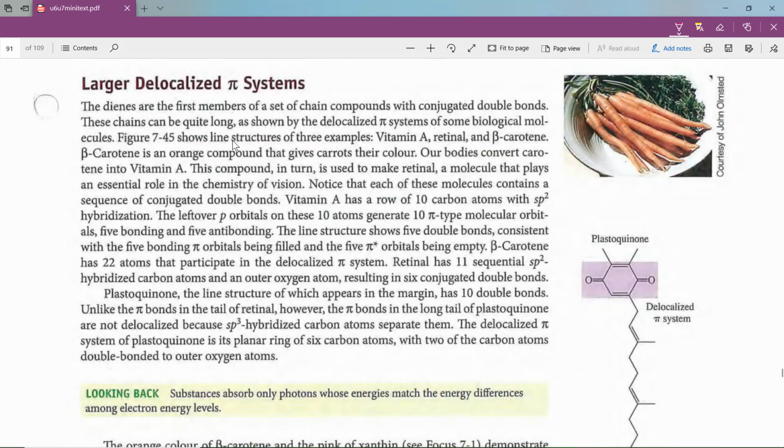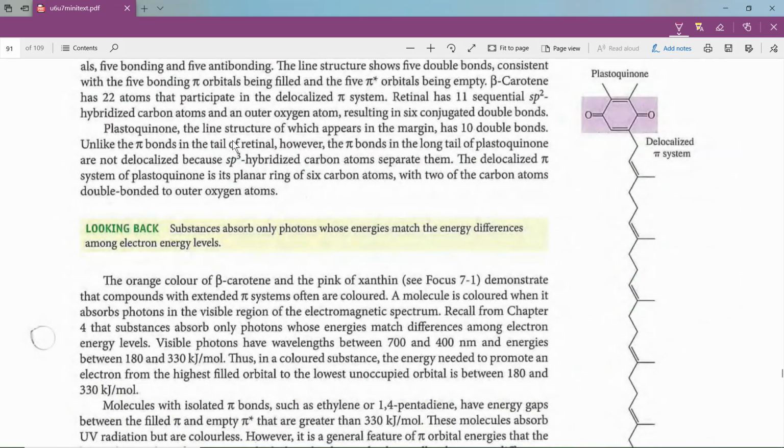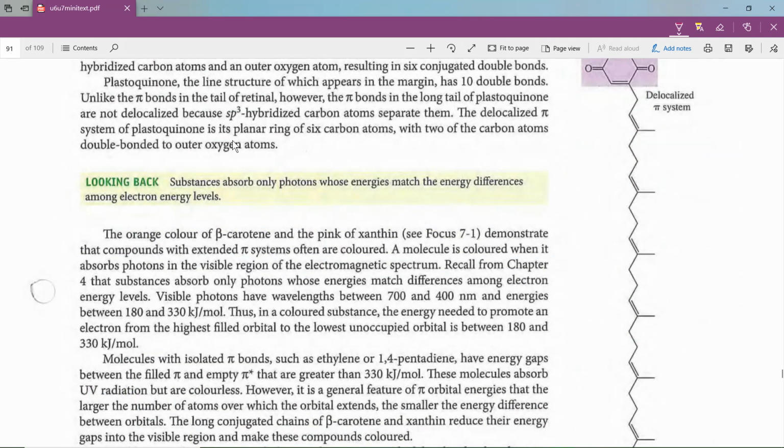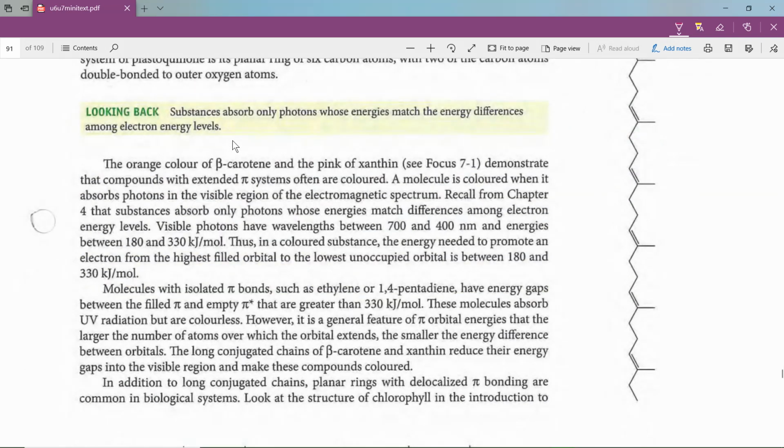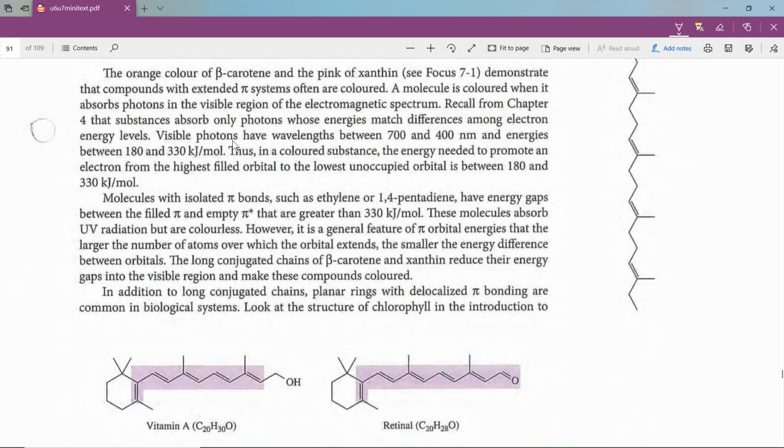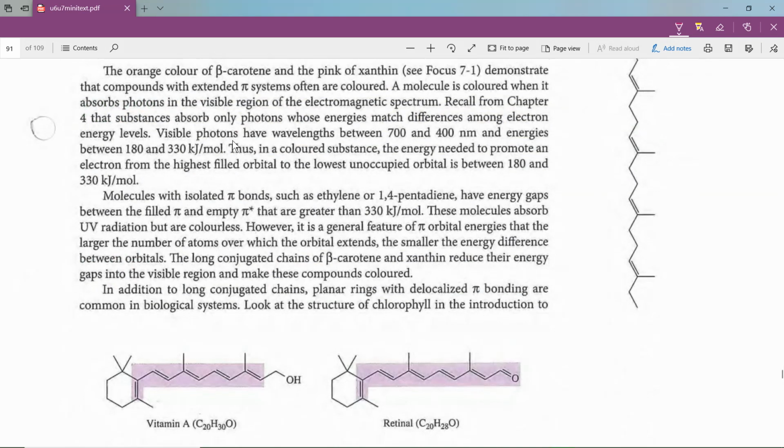Larger delocalized systems, again, you're looking for a big repetition of single, double bonds here. Plastoquinone on the right here is an interesting molecule. But it is not, there's 2 singles in a row.